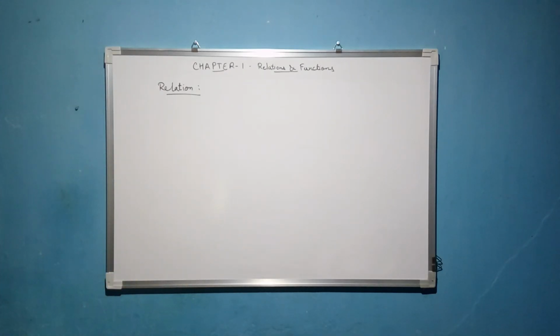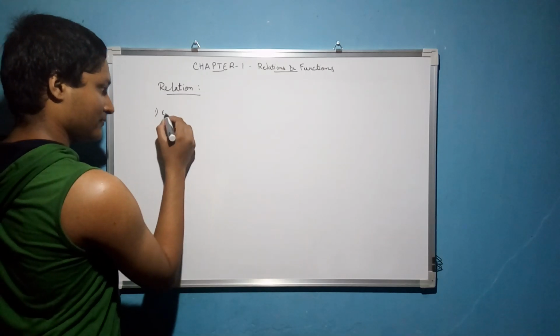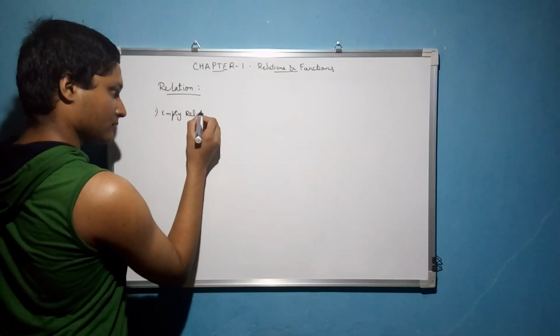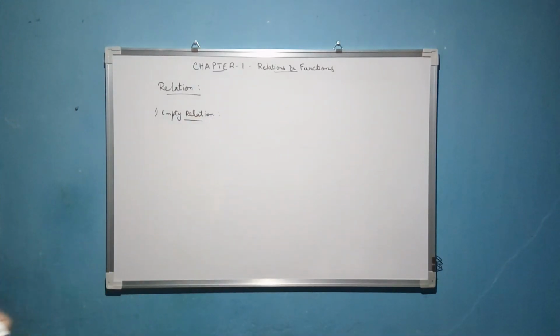So now we are going to learn different types of relations. The first type of relation is the empty relation. What does the name suggest? The name suggests that there is no element present in this empty relation. So what does the definition say?